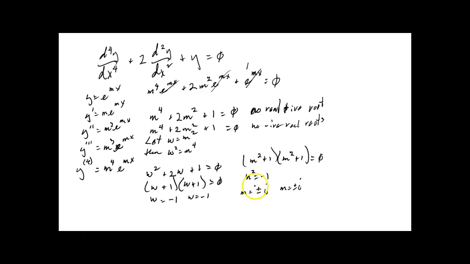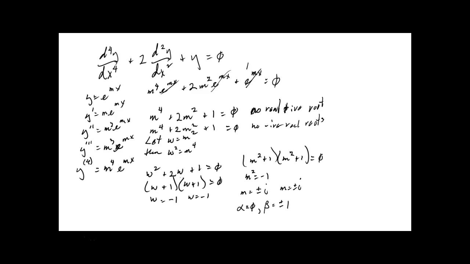So with that being the case, if you go back to your case 3, this would mean that your alpha, which is the real part, is equal to 0. The beta, which is the imaginary part of the complex root, is plus or minus 1, for both of them, but both of them are repeated.